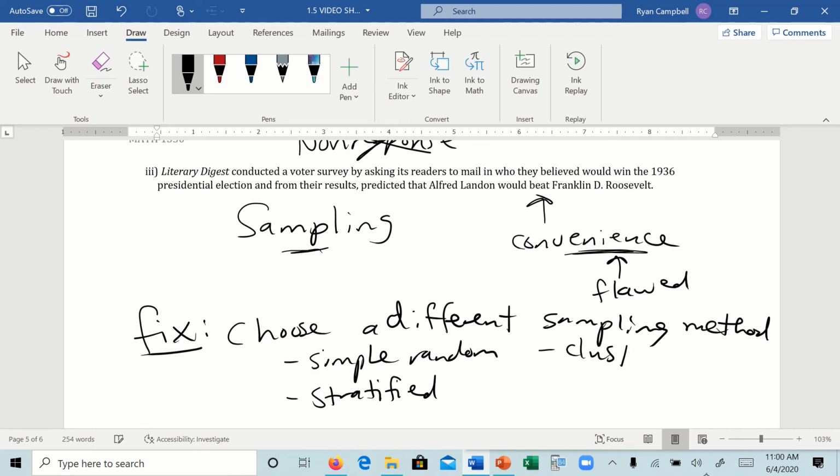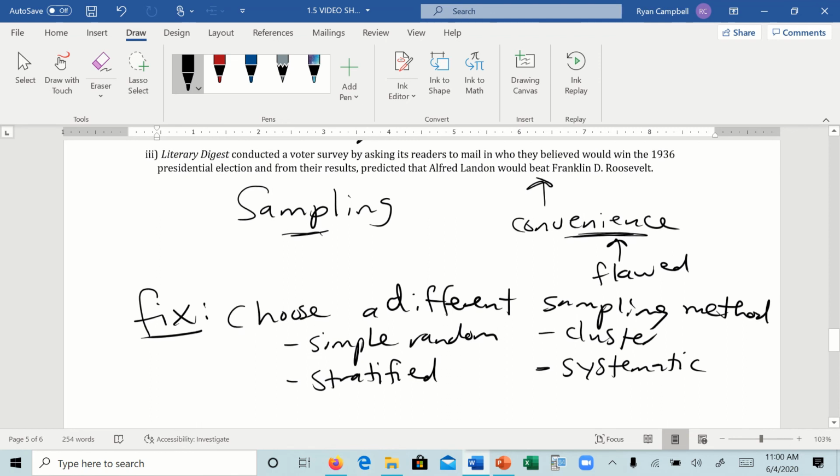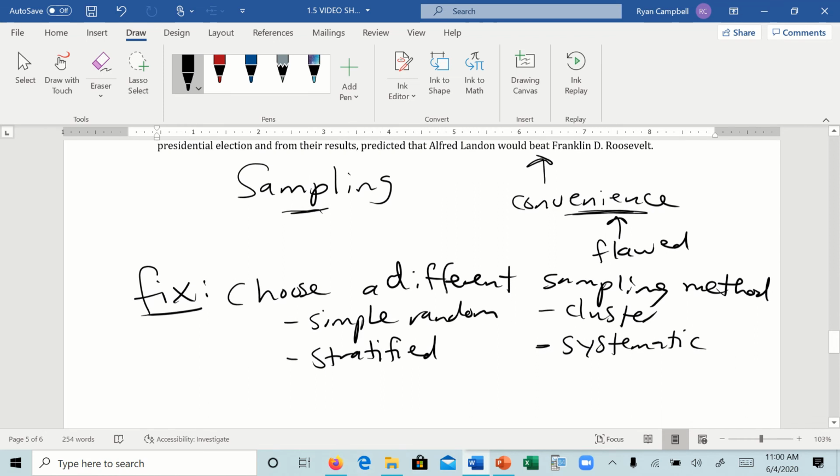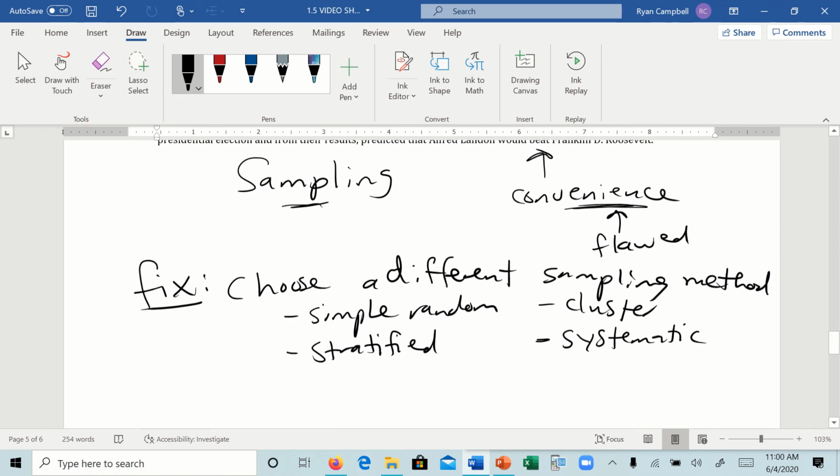You do the cluster, where every single person is put in a group and you just take all of the people in some of the groups. Or the systematic approach, right? Every 3 people, you get a long list of people's names, and you just call every 3rd person or 15th person or 23rd person, something like that. Just choose a different sampling method. That's going to be the best way to fix this.